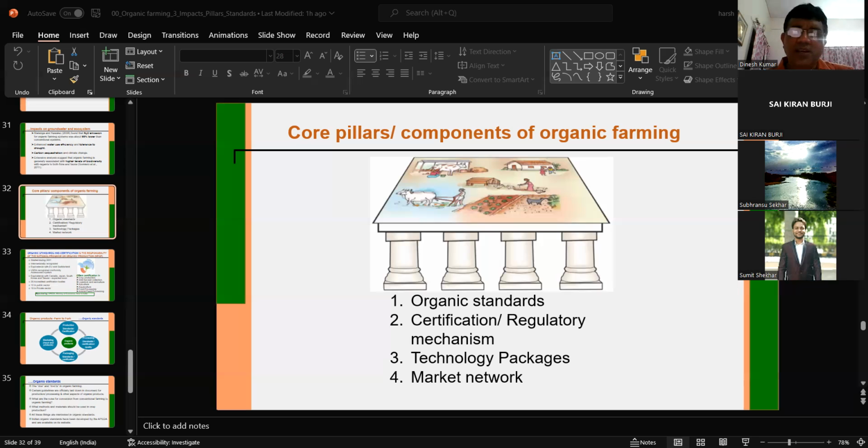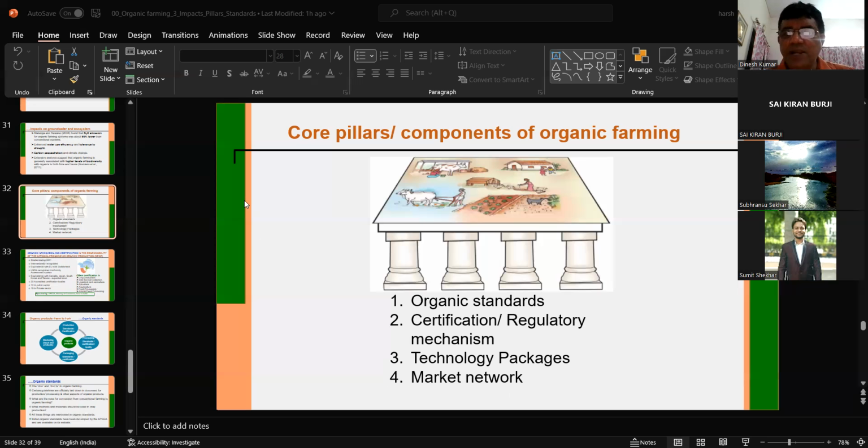You can decide. Now we come to the next part of this lecture, that is core pillars or components of organic farming. What are the important components of organic farming? So you must remember these 4 components: organic standards, certification or regulatory mechanism.